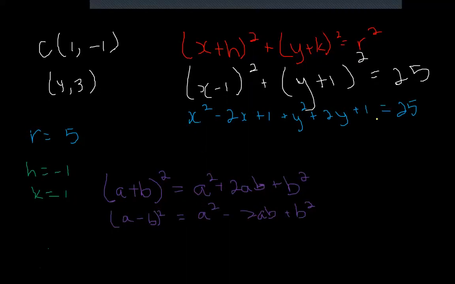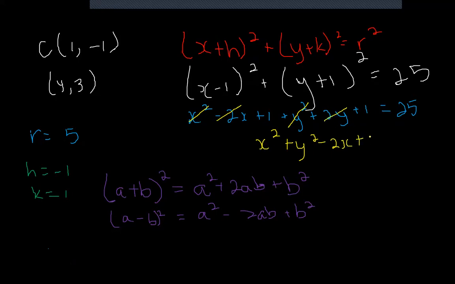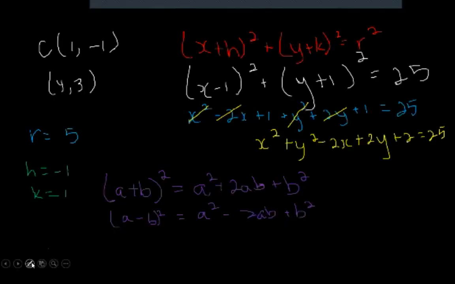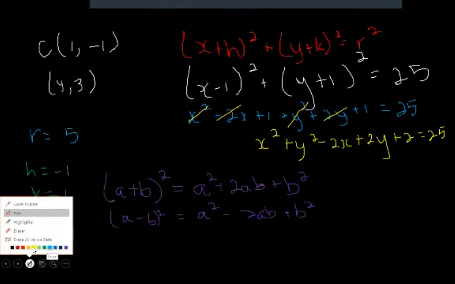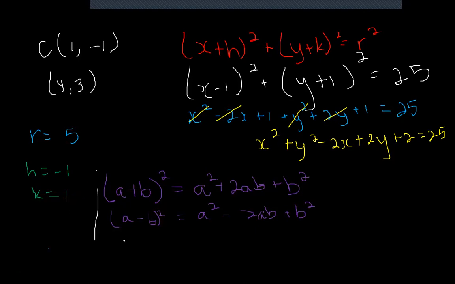And I could rearrange this now. So x squared, I'll cross off as I go, plus y squared. The aim is the general form, remember that. Minus 2x plus 2y plus 2 is equal to 25. But when doing the general form, you need to remember that it is set equal to 0. So we're aiming to put the equation equal to 0. Just put this in a box.